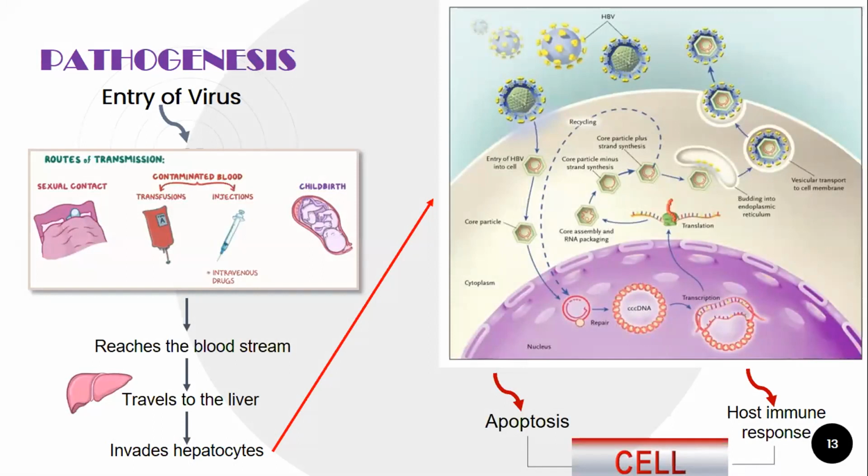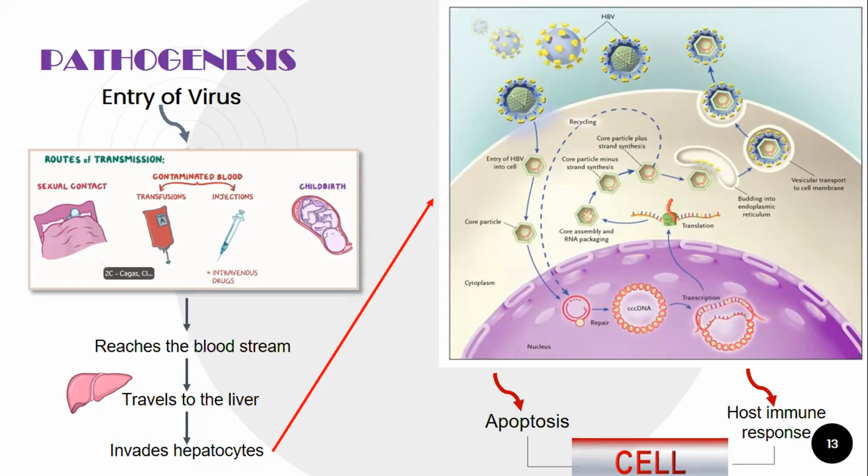Okay, so for the pathogenesis of the hepatitis B virus, this was already well discussed by the previous group, so I'll just be picking out some key points relevant to the case. The entry of the virus starts with the different modes of transmission. We have sexual contact, which in this case is relevant to the patient, given that her job exposes her to high risks.